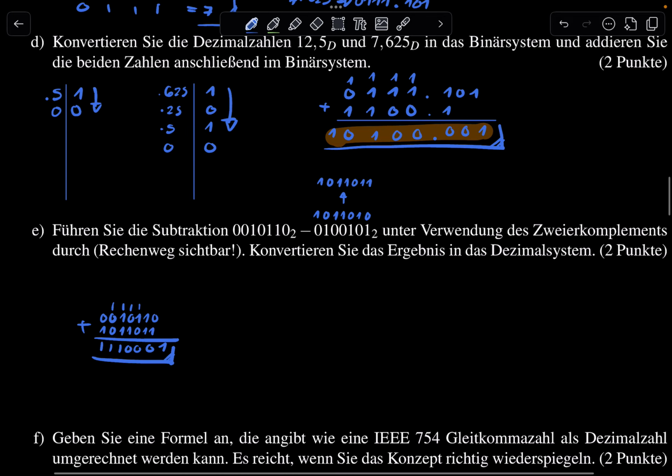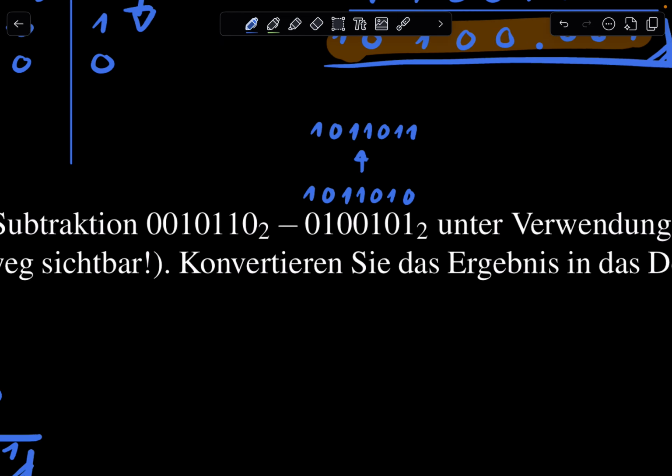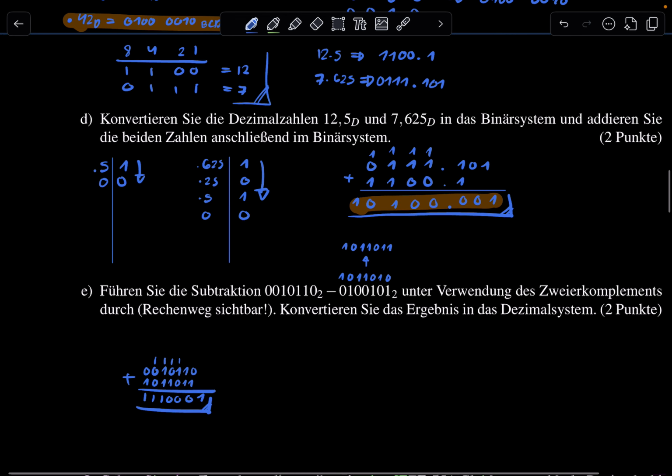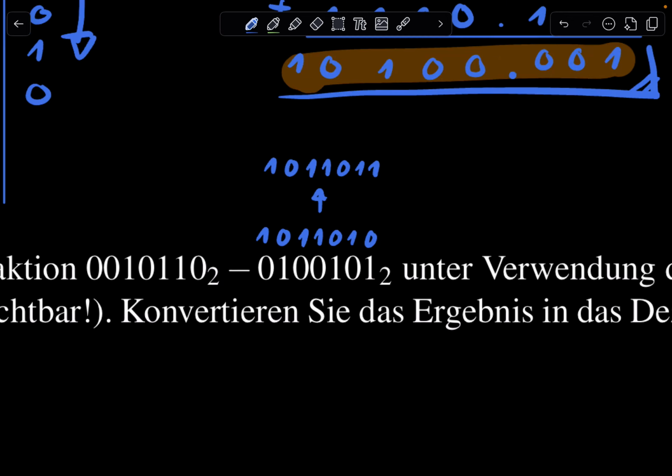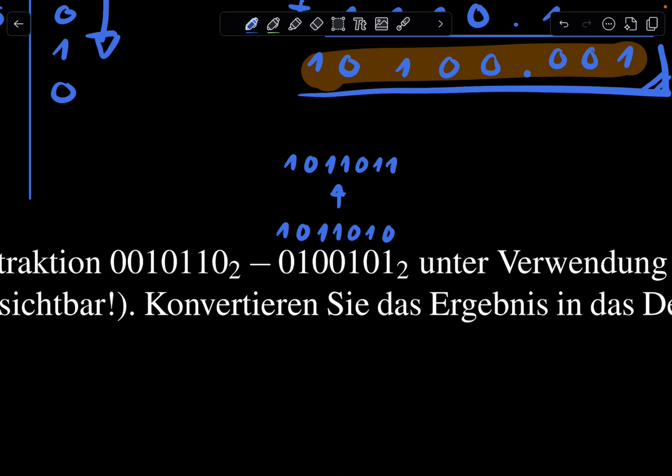And they want this to be in decimal system, right? So in this case, we have to look at this number and see the value. So in this case, we know for a fact that this value is bigger than that one.